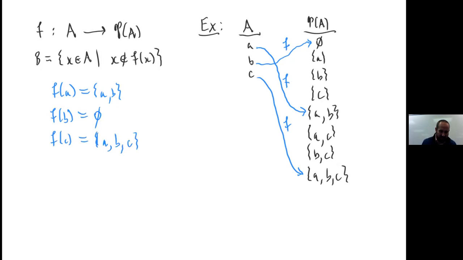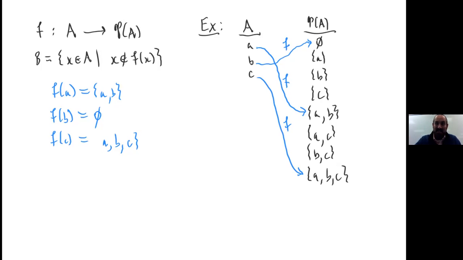Now I want you to think about the following question. The proof in general defines B in this way. B is the set of all inputs such that that input is not a member of its output, yes?